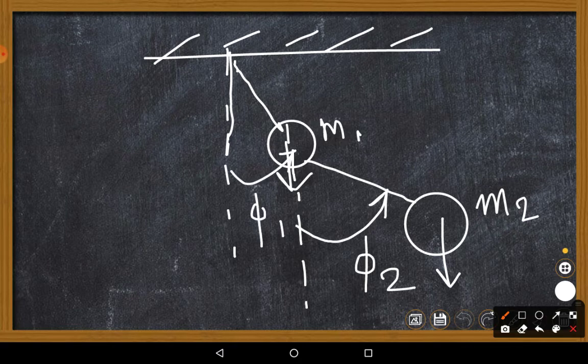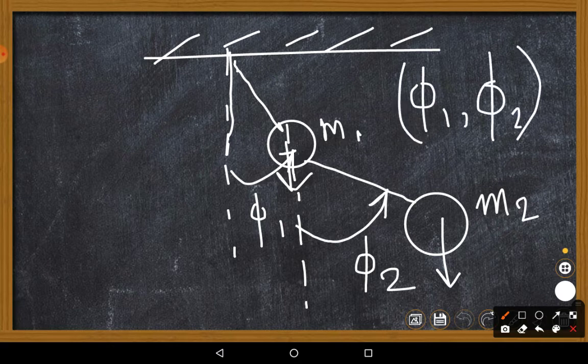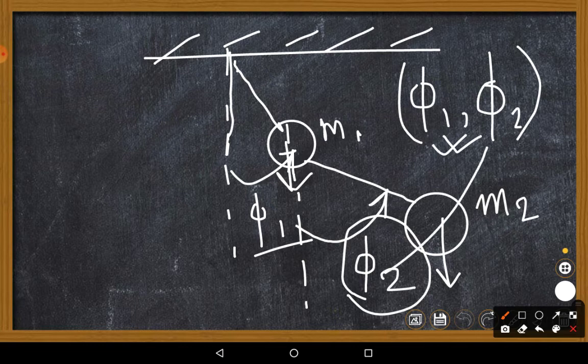Now you tell me, if I take phi 1 and phi 2 as my set of generalized coordinates, do they satisfy the condition of independence? If I fix phi 1, will the system freeze or will it still have motion in the direction of phi 2? Yes. If you fix phi 1, you visualize this, this can still oscillate.